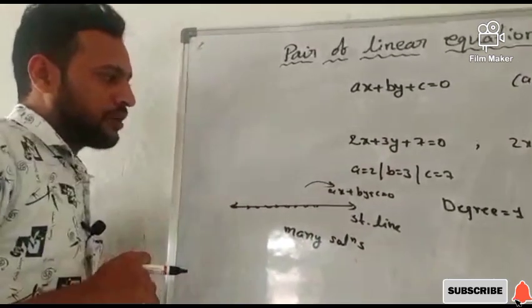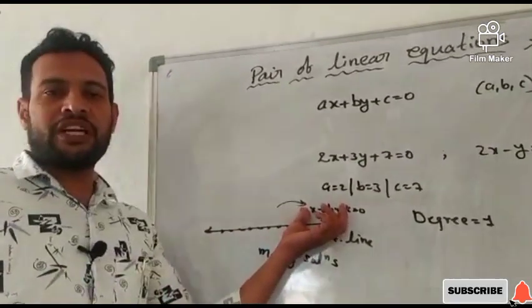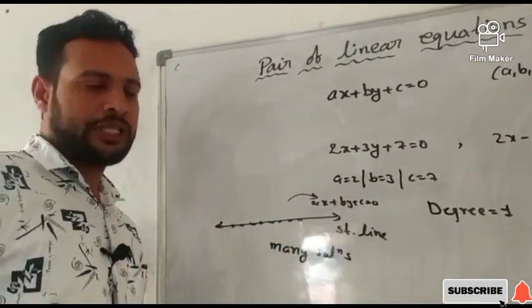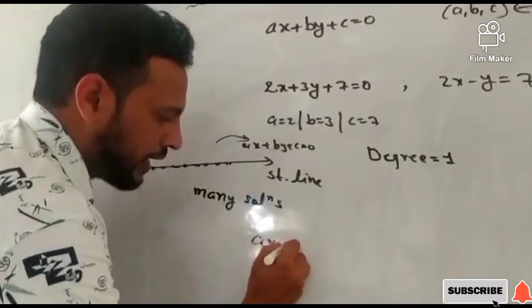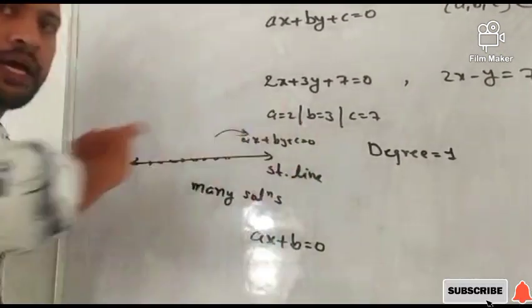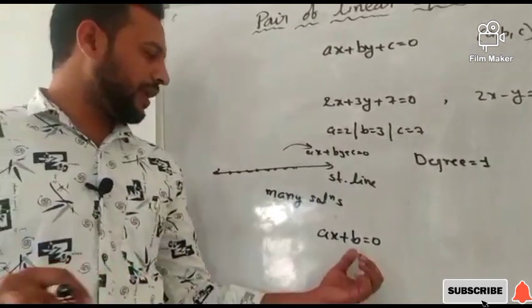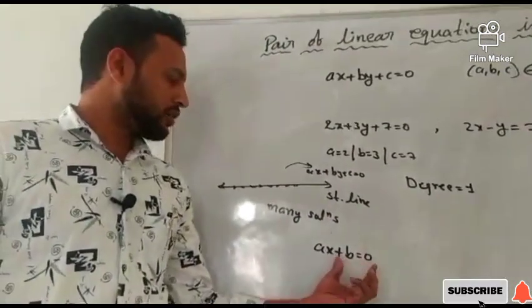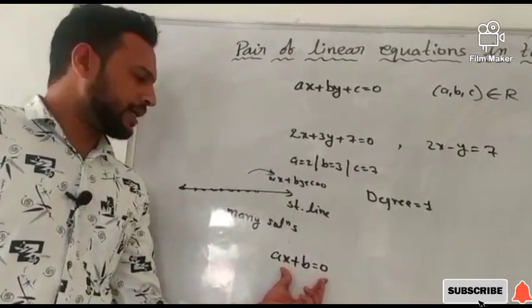Note this point: this is also an equation of a line, because it is a linear equation, so it also represents a line.